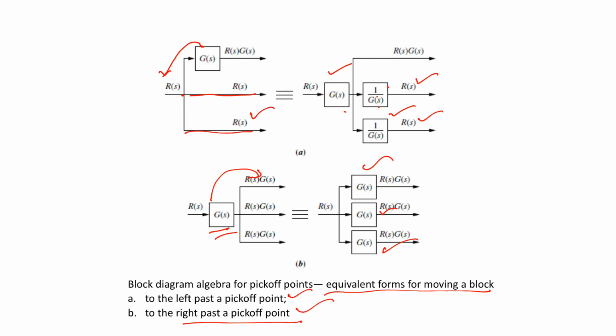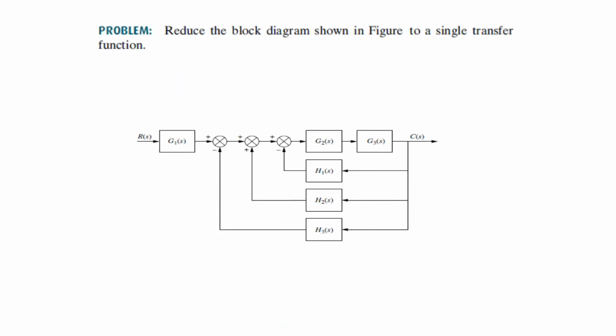Now let us take one example. Now let us consider a block diagram. We want to convert it into a single transfer function. Now you will see that here we have the 3 summing points and then we have a pick-off point also, and we have 2 forward path transfer functions, that is G2, G3 and then feedback H1, H2 and H3.